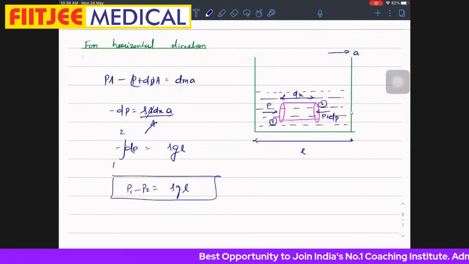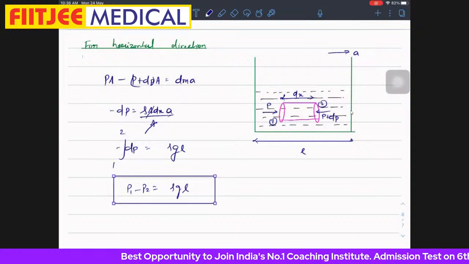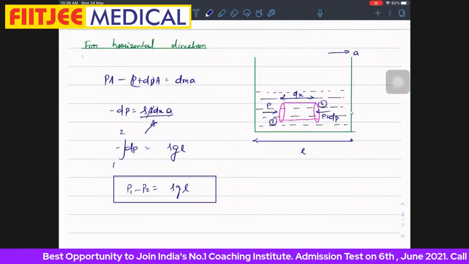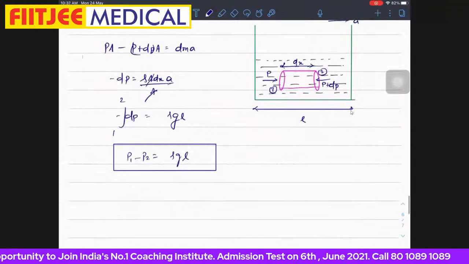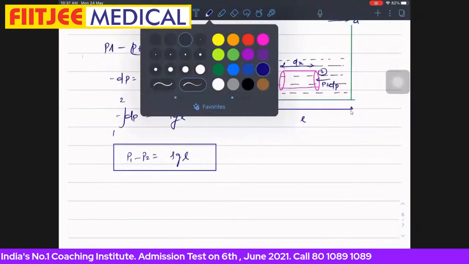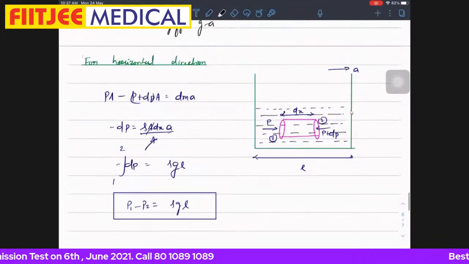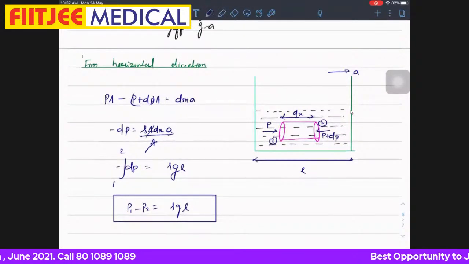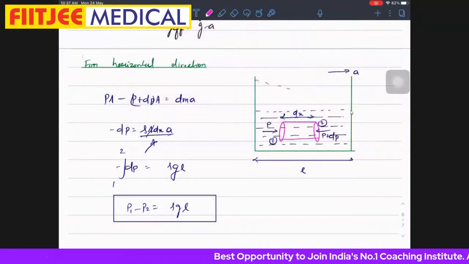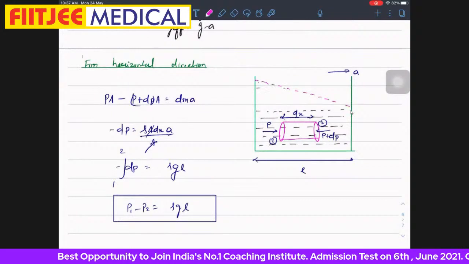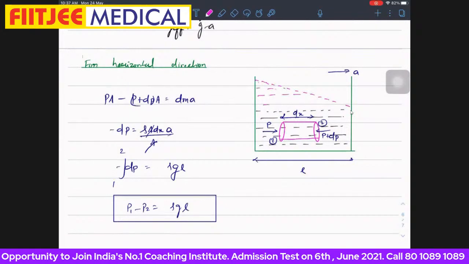So you can see here, if the liquid is accelerating in the horizontal direction, pressure will vary. So once you start accelerating, its shape will change and it will be in this form. Now once the platform starts moving, the shape will become like this. Liquid will become inclined. Why will it become inclined?